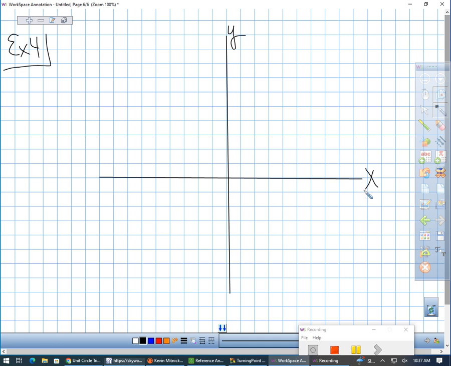I'm going to have you make a graph, and then we're going to write the equation for it. First, plot the point negative 3, 1. And then let's plot the point 0, 5, and connect your dots.